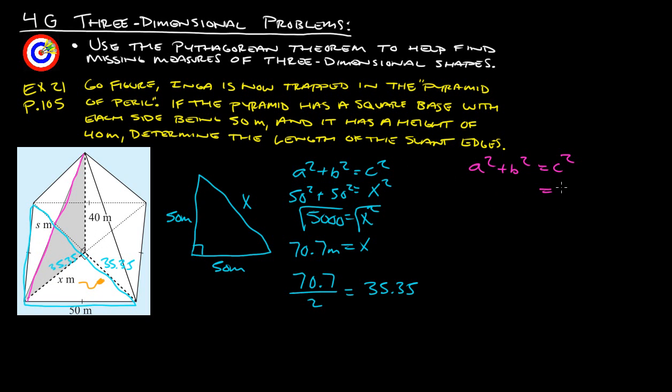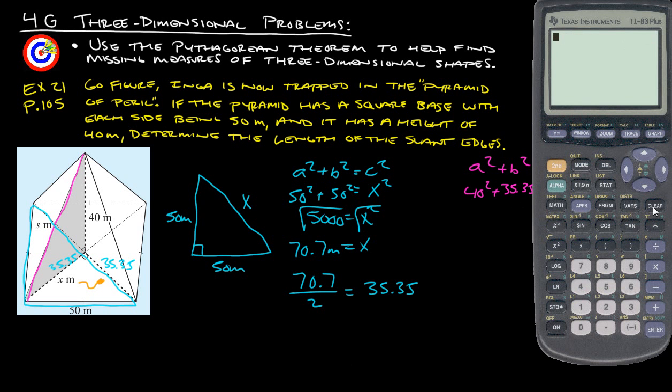So again, the hypotenuse is the piece that we're looking for. So we'll leave that. They've got that as S for slant. So we'll try that. And we've got 40 squared plus 35.35 squared.